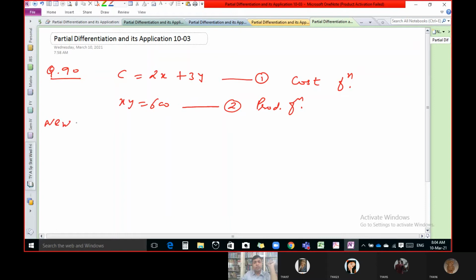So new function, capital F equal to the cost function plus lambda into the production function.